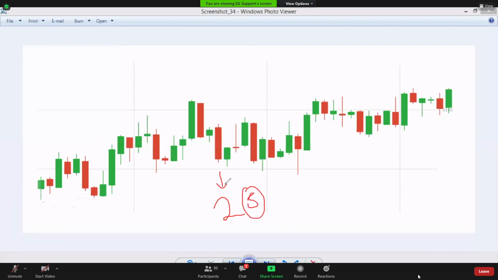Actually, I don't know the market trend, and I will try to observe the candlestick behavior only. Most of the time I will try to draw these levels. You can observe my videos also.